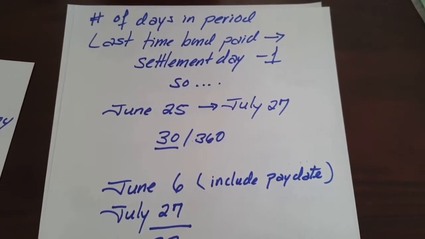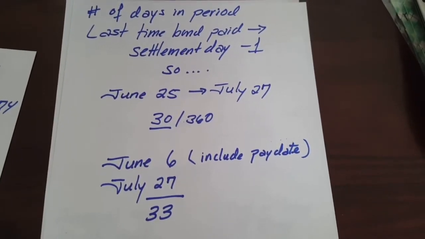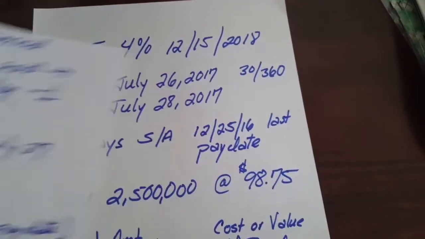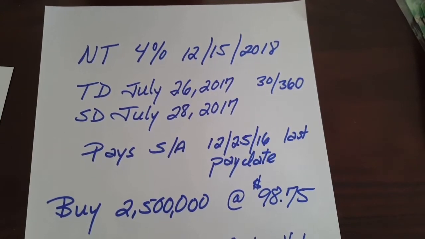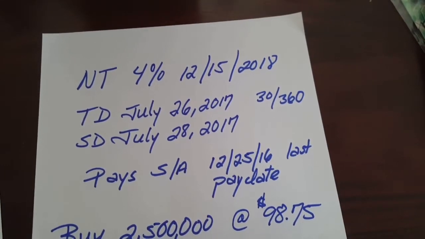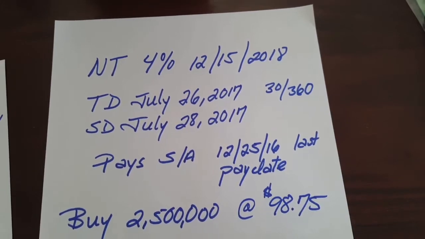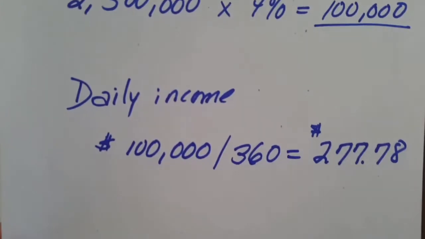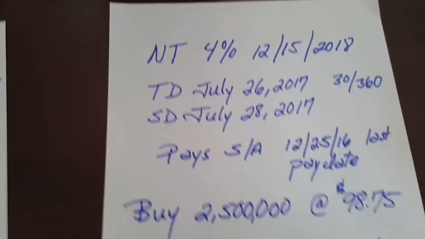Now, based on the number of days in the period, I now can calculate my period income. So, how much income did I purchase, or how much income did I pay the previous holder based on these terms? Well, I am going to pay them the daily amount that I calculated, right, of 277.78 times 33 days in the period.